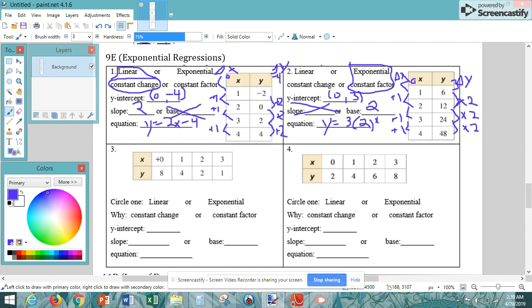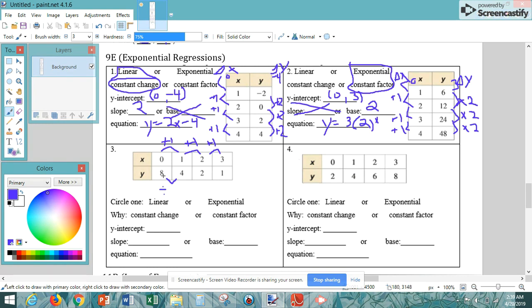Now let's look at the next one. Okay, so we add 1, add 1, add 1. So that's constant there. Now with 8 to 4, we're going to subtract 4, subtract 2. Oh, look, they're not a constant difference, so that means it must be divided and multiplied.